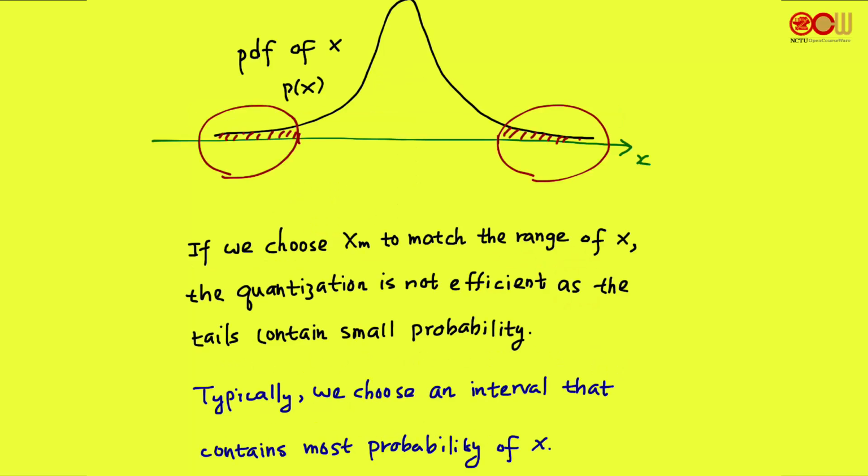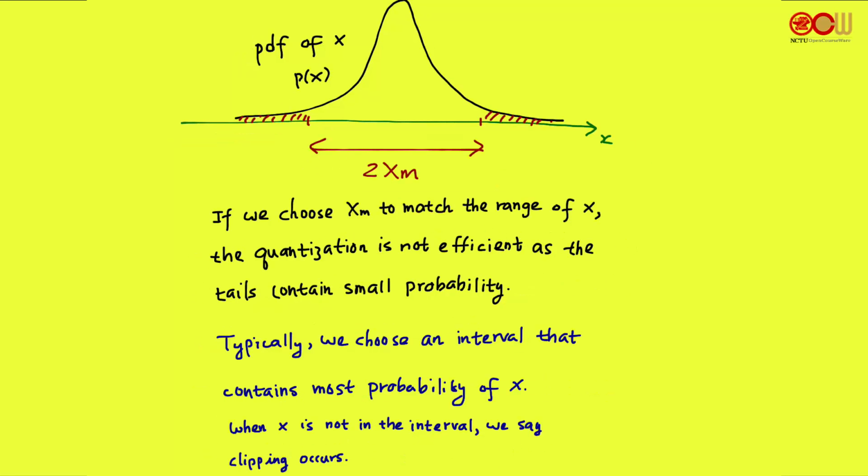The quantization in this range would not be very efficient. So typically we choose a range that contains most probability of x. When x is not in this interval, we say clipping occurs.